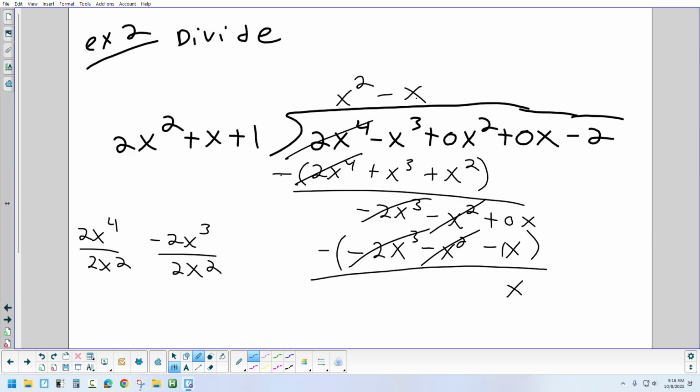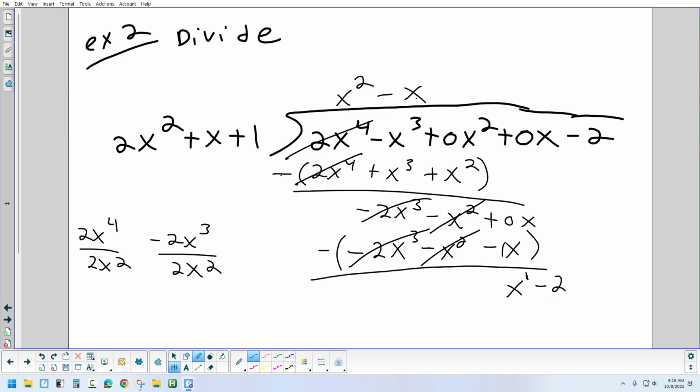And what do I do now? Not distribute. We did that. Something else we got to do now. Yep. You have to bring down the next term. And what happens at this point? X divided by 2x squared? No, that's your remainder because it's less than that. We can't do that because that has an exponent of 1 and that has an exponent of 2.